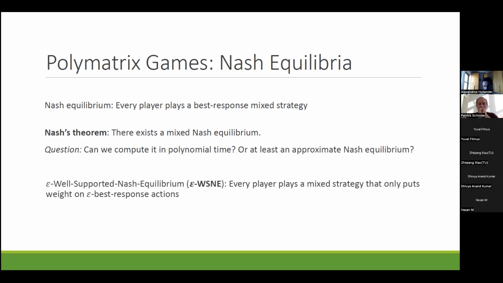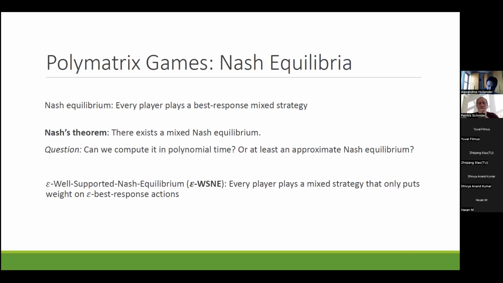So we will be looking at approximate Nash equilibria, and to be more precise, so-called epsilon well-supported Nash equilibria, which is one way to define approximate Nash equilibria. Informally, it's a set of strategies, one for each player, where each player plays only strategies that are epsilon best responses, meaning that they are epsilon optimal.